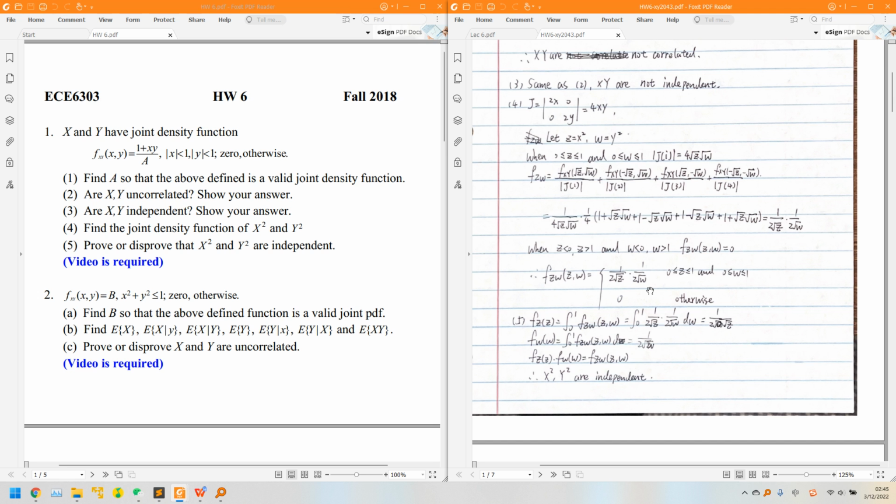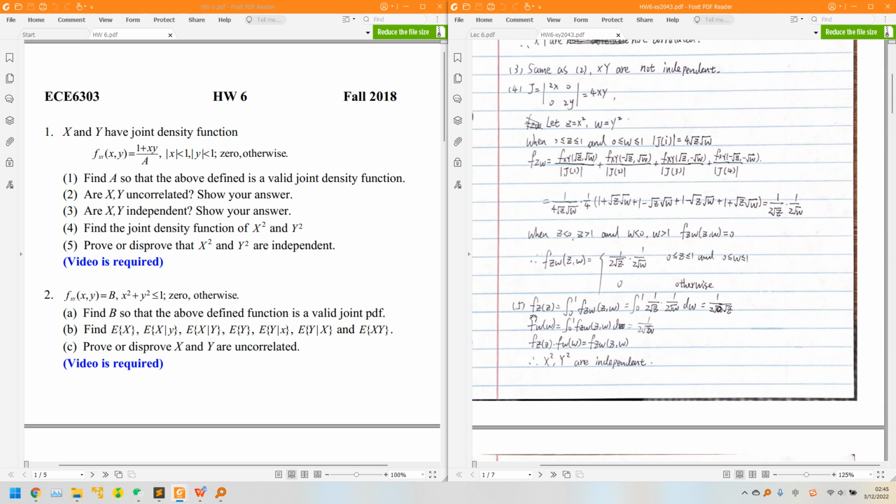The fifth question wants to know whether x squared and y squared are independent. If they are independent, the marginal density functions multiplied together should equal the joint density function of z and w. So we calculate f_z, the density function of z.